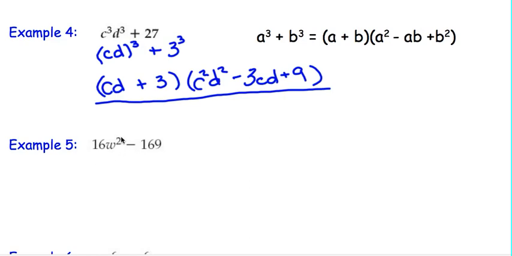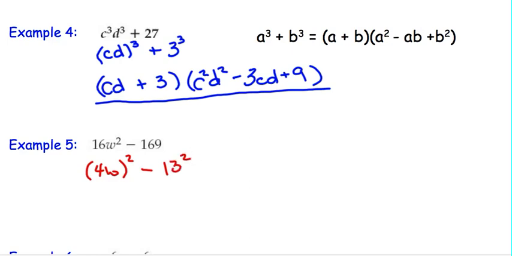And this 2 on the W leads me to think that all of this can hopefully be written as the difference of 2 squares. So I'm going to try and write 16W squared as 4W, and then I squared on the outside of that, minus 169, which is 13 squared.